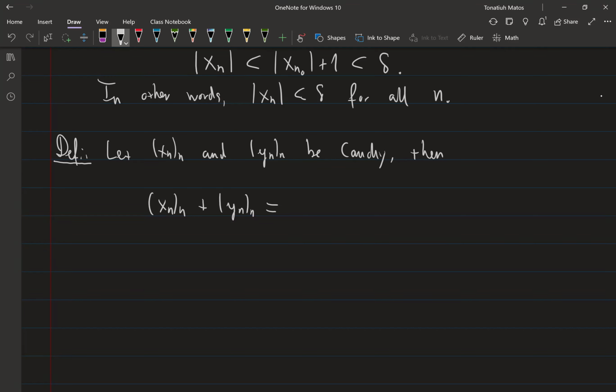This doesn't require too much imagination. To add two sequences, just add each term individually and form a sequence. And to multiply two sequences, I'm defining the operations on the real numbers, by the way. Just multiply them term-wise, right? Does that make sense?